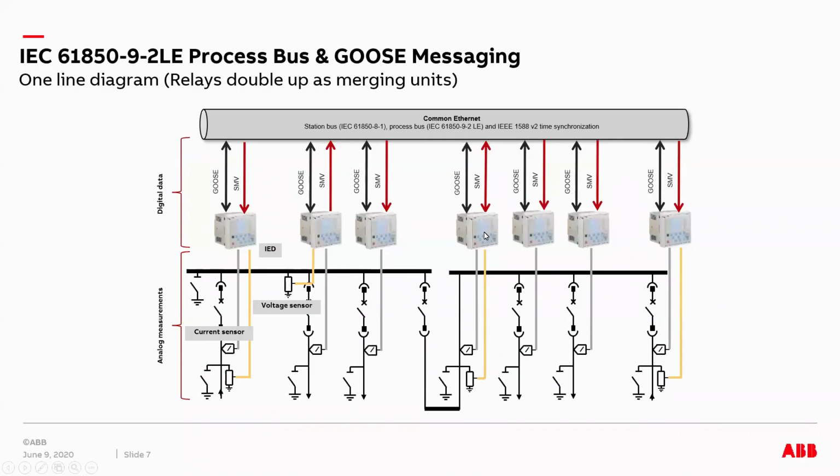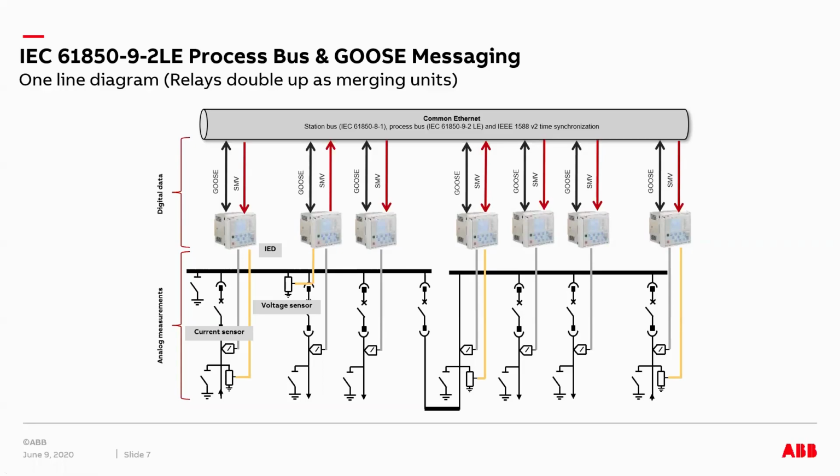I should also mention that in this example, these relays double up as merging units. A merging unit is a standard industry name for the device which digitizes the current and voltage signals in a protection system.